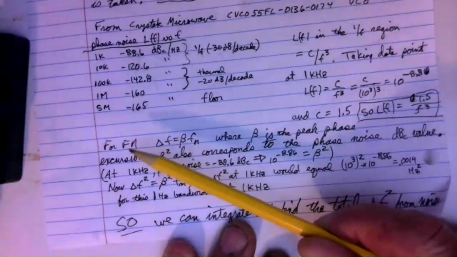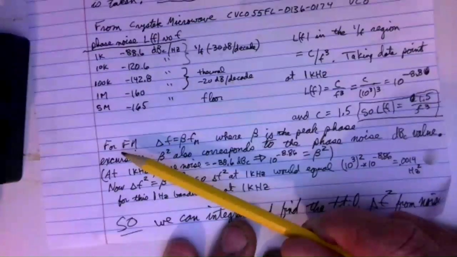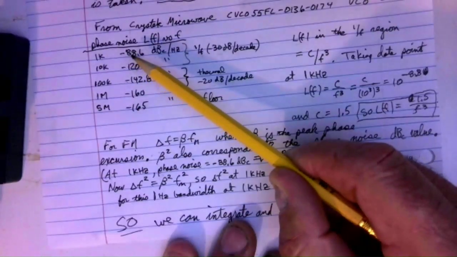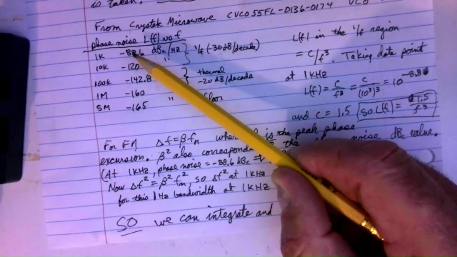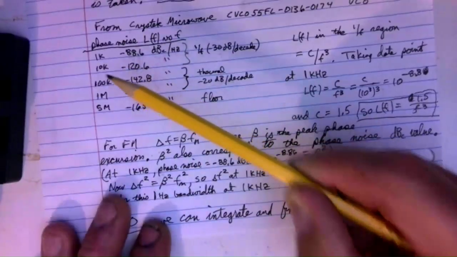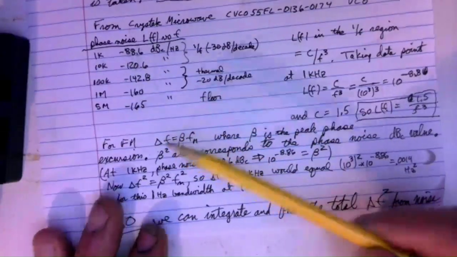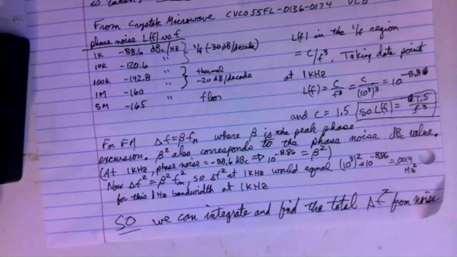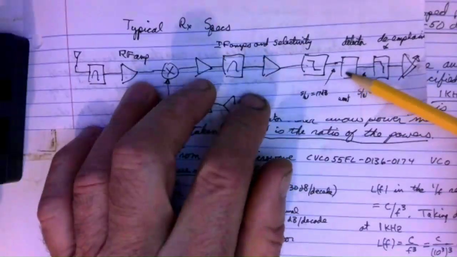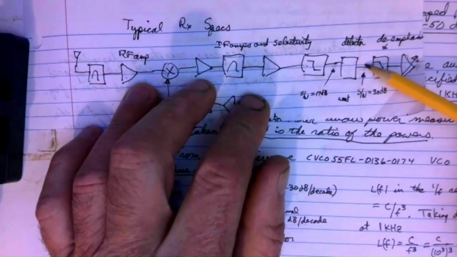All right, so now we got one more little stretch to do here. We don't really care about the integrated phase noise. That'll give us a phase if we integrate that, a radian squared if we integrate phase noise. What we care about is delta F, deviation. Why? Because this block right here, the detector block, turns deviation into volts.